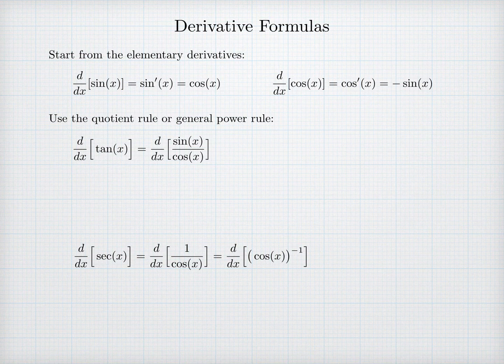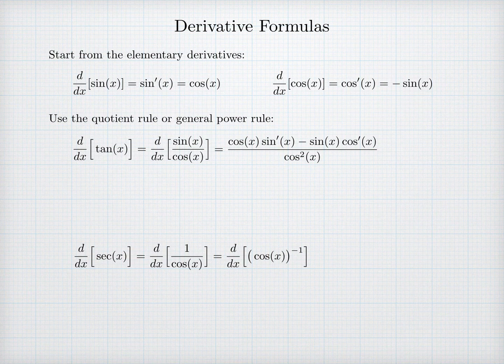Using the quotient rule, low-de high minus high-de low over low. Our low function is cosine, our high function is sine, so low-de high gives me cosine times sine's derivative, minus high-de low gives me minus sine times cosine's derivative, all over low, which is cosine squared.